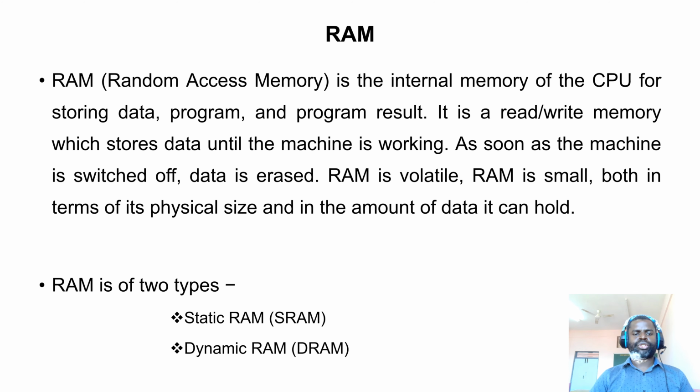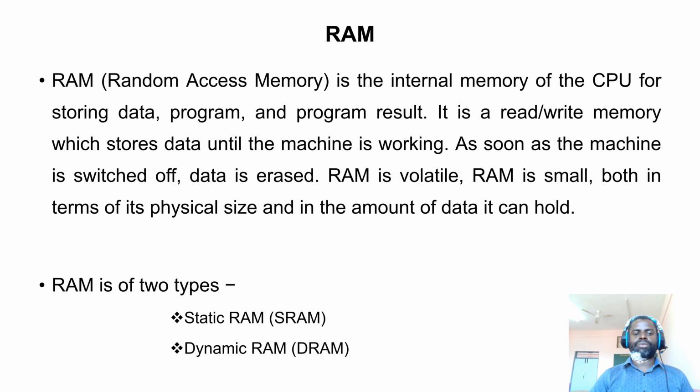RAM. RAM stands for Random Access Memory. It is an internal memory of the CPU, particularly used for storing data, programs, and program results. It is a read-write memory which stores data until the machine is working.